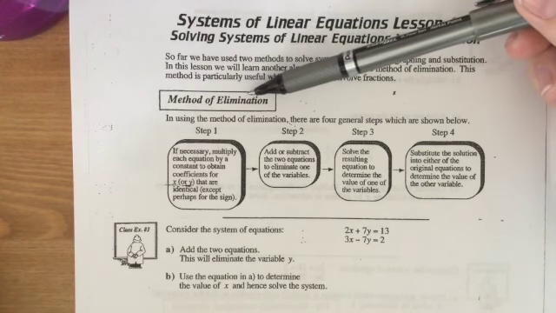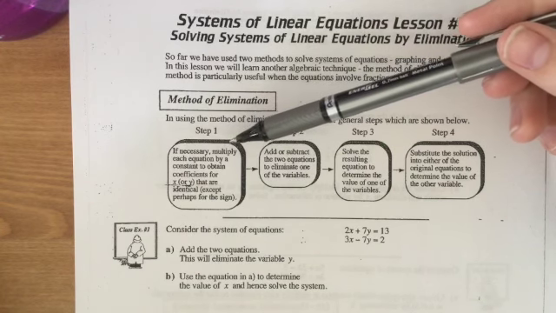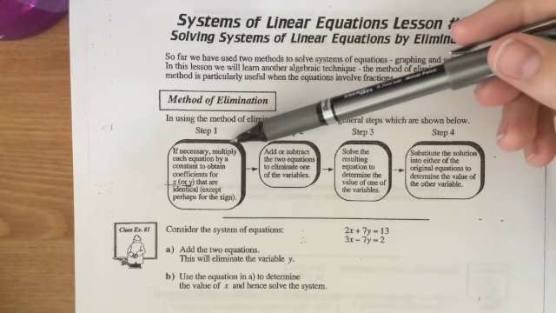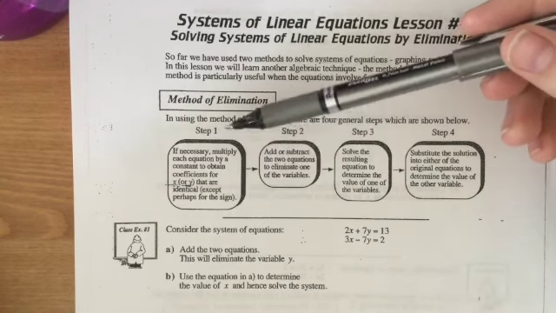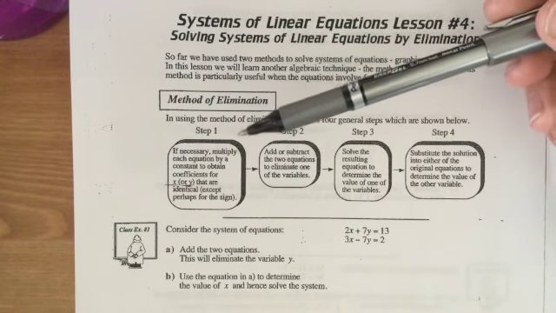In elimination, we want to basically create 2 equations that look similar in some aspects. Whether they both have the same coefficient of x or the same coefficient of y, perhaps the sign is different, that's okay.